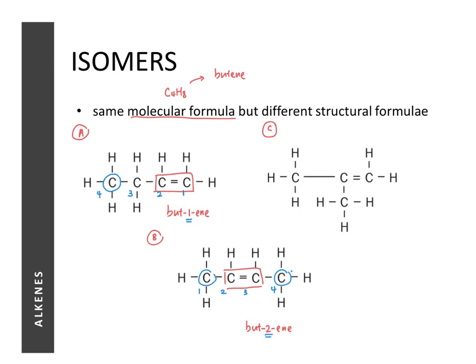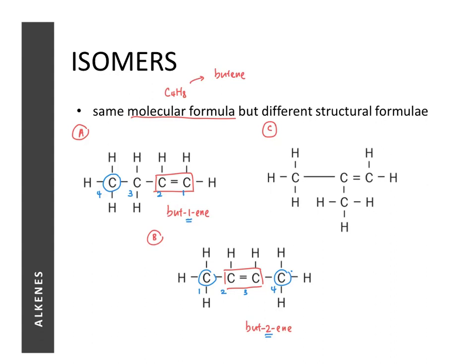So when we see the name but-1-ene, it should occur to you that there's a carbon-carbon double bond between carbon 1 and carbon 2. And when we see but-2-ene, it should occur to you that there is a carbon-carbon double bond across carbon 2 and carbon 3 in the structure.